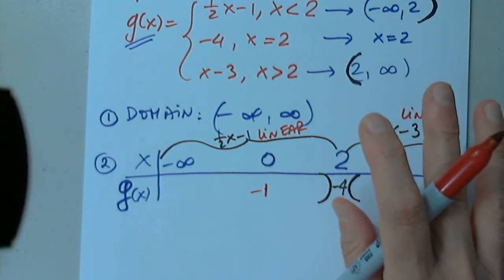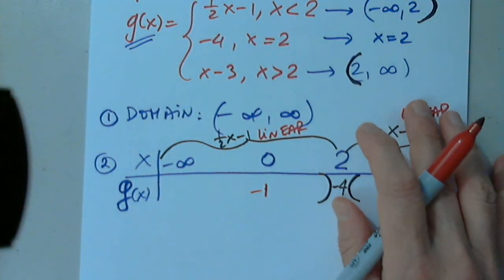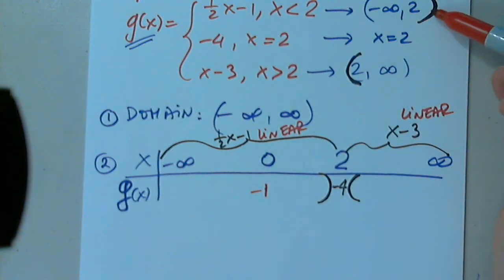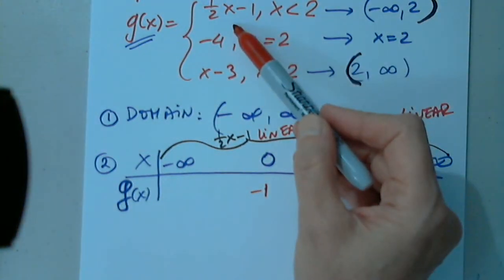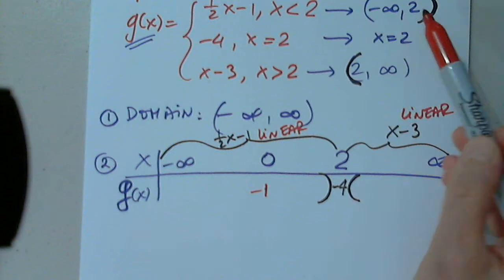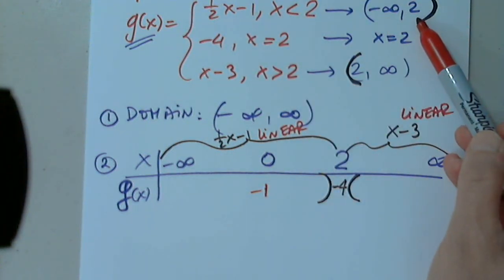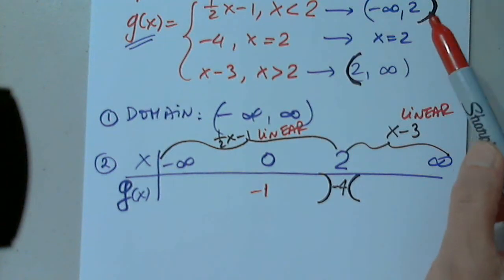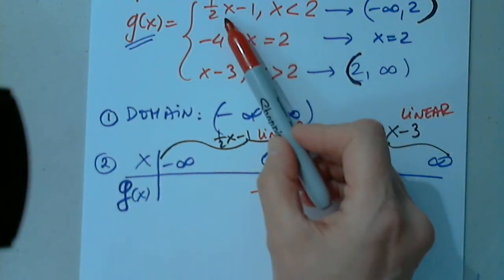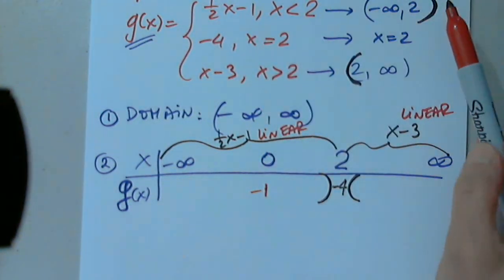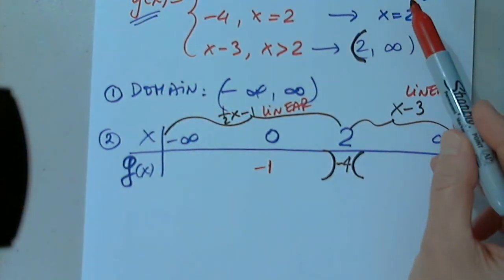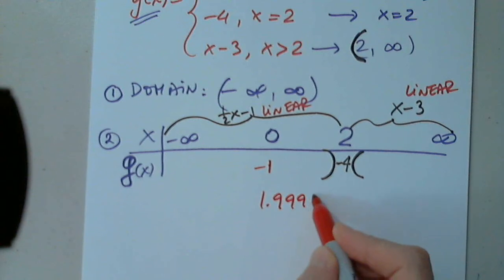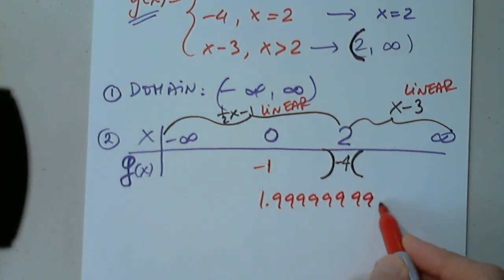Now, can you plug in 2 here? I know you're going to say no, and I have to agree with you. I'm asking you to plug in 2 in a function, but 2 is not in the domain of that piece. Well, if you say, and you're correct, don't plug in 2 here, you can't, I will say, yes, I agree with you, but in that case, you will have to plug in 1.99999999999.